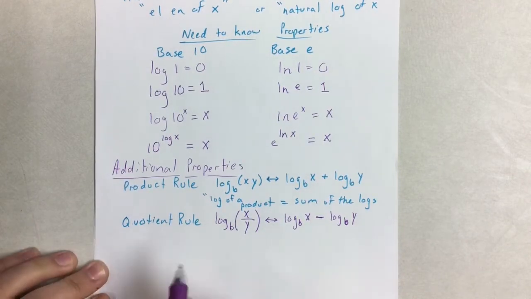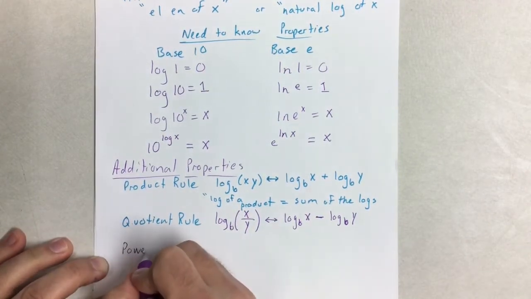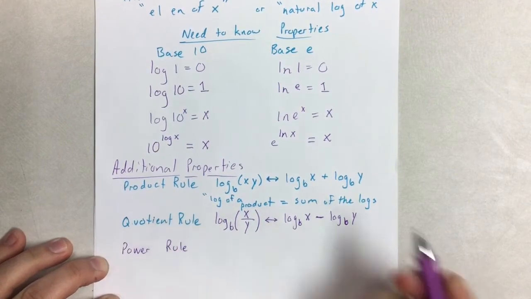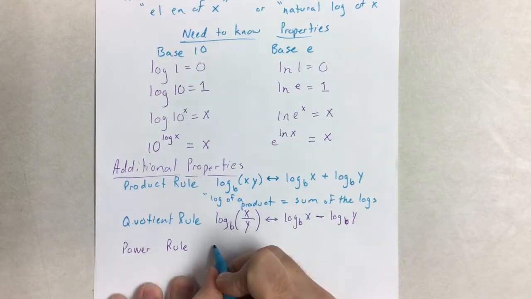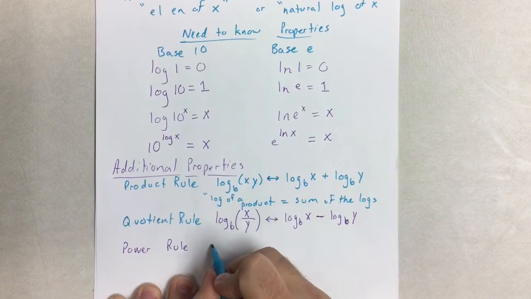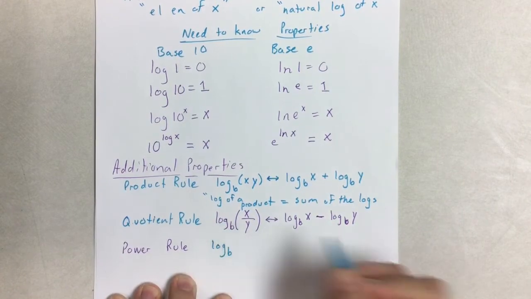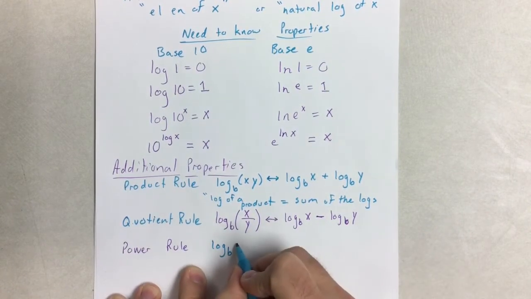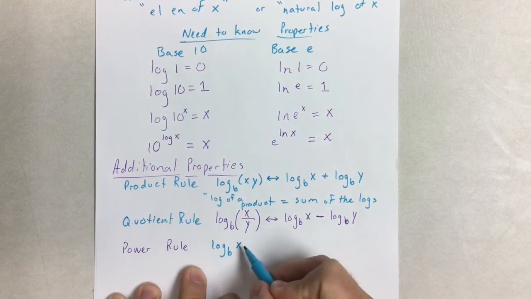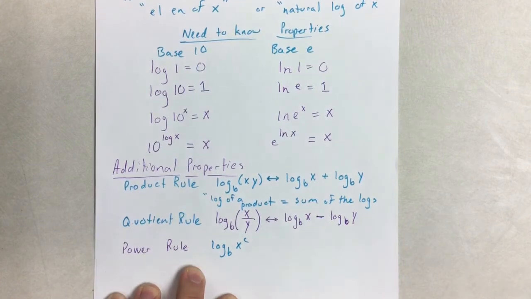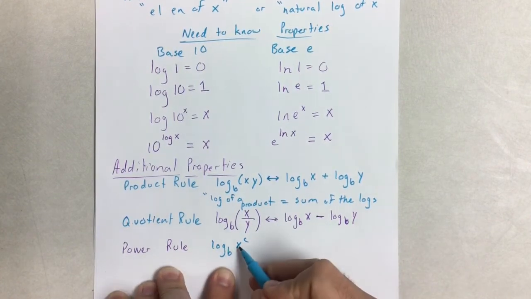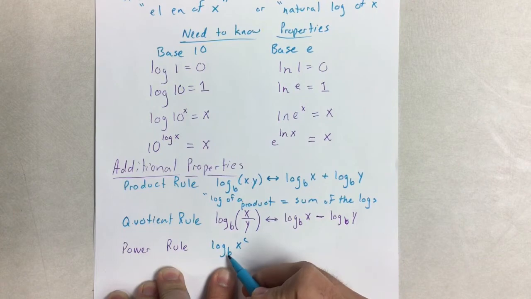And lastly, we call it the power rule. We've technically already seen this, and it might look familiar to you. If I have the log of some base of an element, it could be an expression or just a single term, raised to an exponent, you would probably tell me that if x was the base, it would equal c.